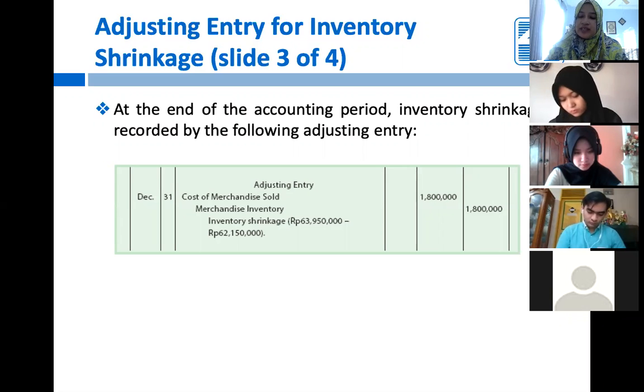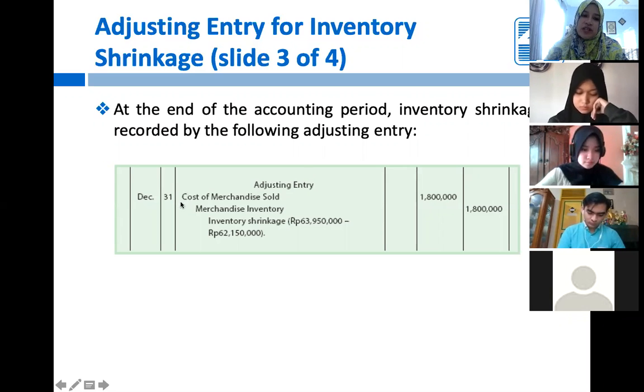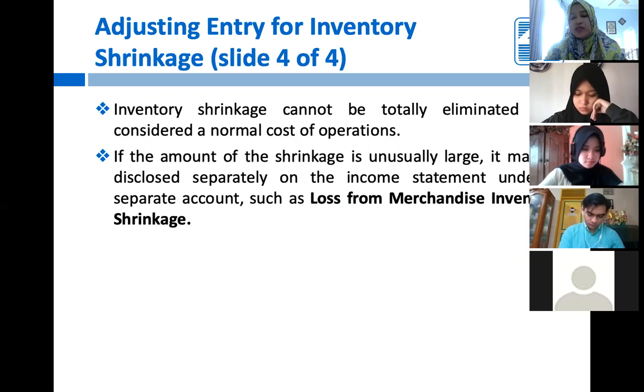In that case, it's considered an abnormal loss. So we debit loss on merchandise inventory shrinkage, and we credit merchandise inventory. It is recorded separately as a loss, and will be part of other expenses in the income statement.